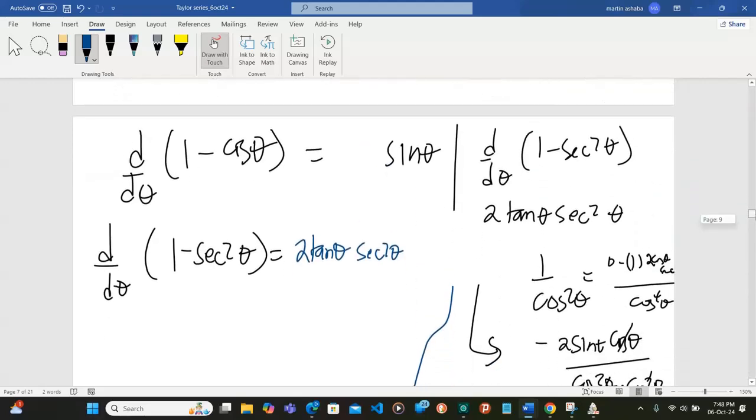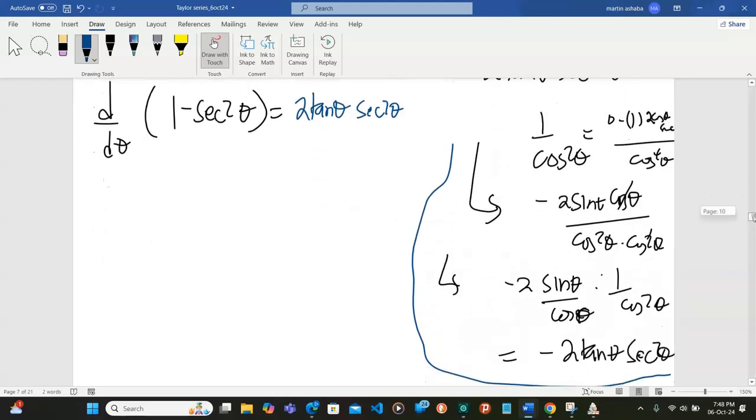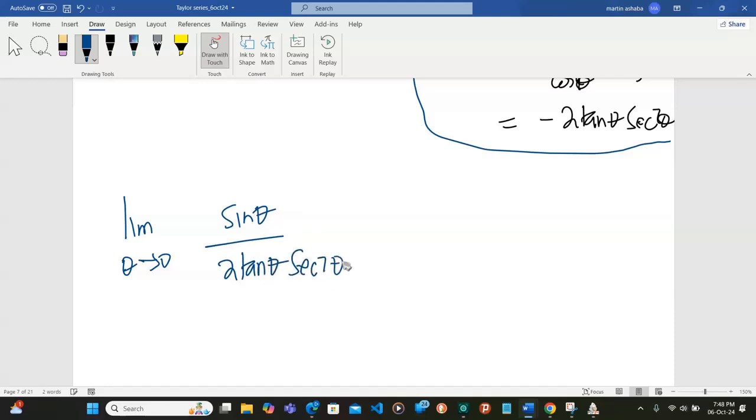Now we proceed. I now want to take the limit as theta tends to 0 of sine theta divided by 2 tan theta sec squared theta. This also gives you 0 over 0.